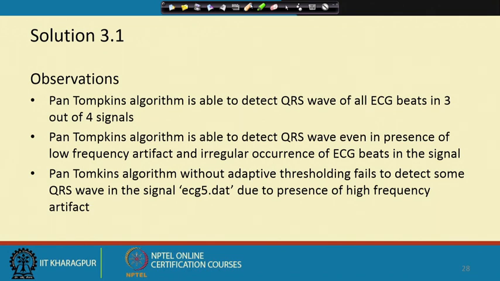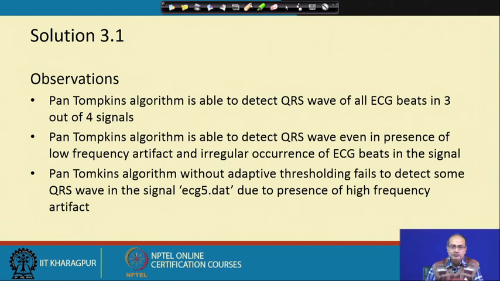The Pan-Tompkins algorithm without adaptive filtering fails to detect some QRS waves in ECG 5 due to the presence of high frequency artifacts. So, this is the end of the Pan-Tompkins algorithm. Thank you.